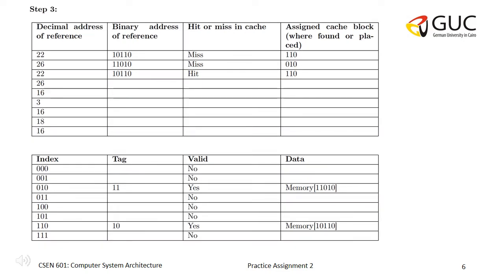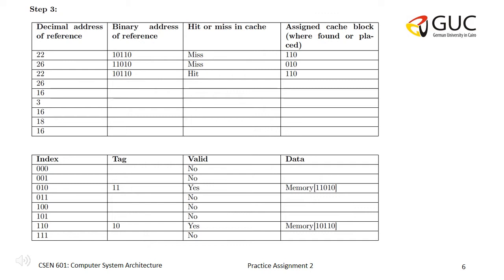For the address 22, we first convert it to binary as usual, which is 10110. Since the index is 3 bits, we take the 3 least significant bits from the address, which is 110. Therefore, we go to block 110 and check the valid bit first.